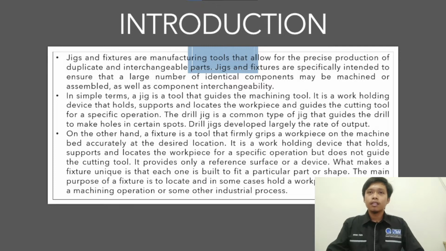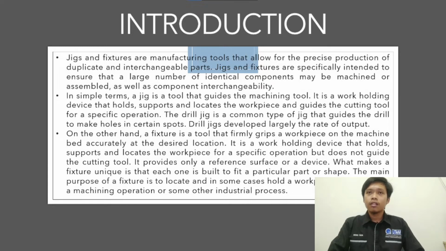Drill jigs greatly increase the rate of output. On the other hand, a fixture is a tool that firmly grips the workpiece on the machine bed accurately at the desired location. It is a work-holding device that holds, supports, and locates the workpiece for a specific operation but does not guide the cutting tool.